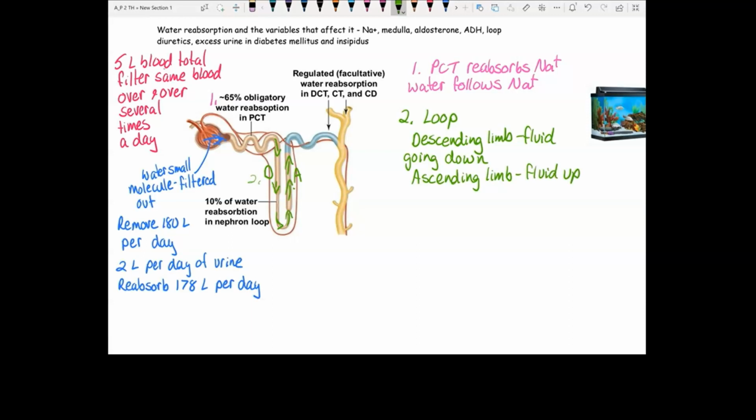Blood flow is the opposite direction. The blood is going this way. So the blood and the fluid flow in opposite directions of each other. This is called countercurrent flow.